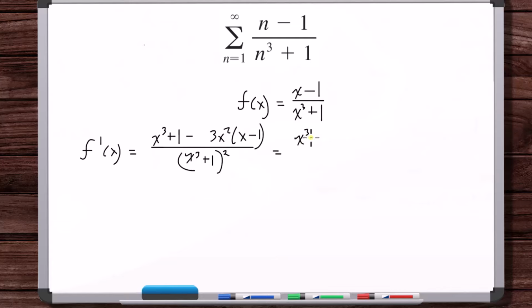So we've got x cubed plus 1 minus 3x cubed plus 3x squared. Okay, so we've got minus 2x cubed plus 3x squared plus 1.